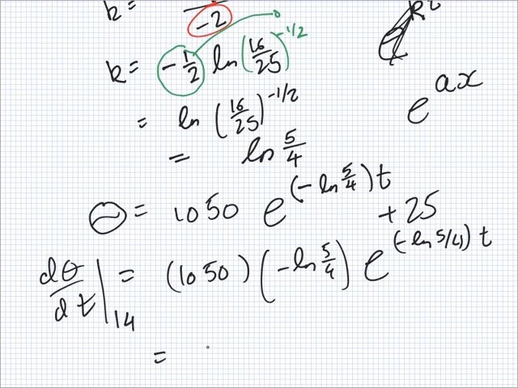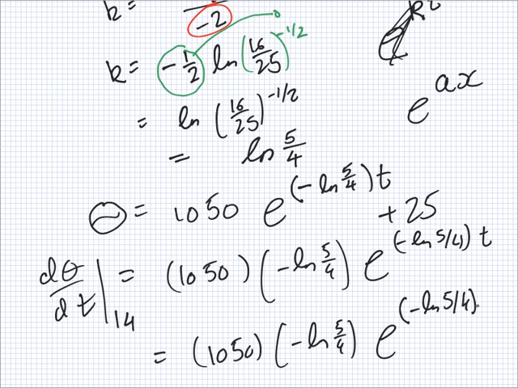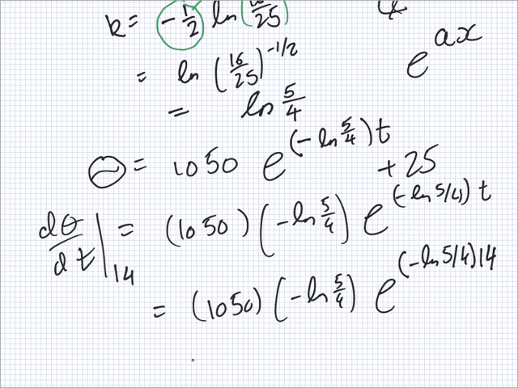Okay, so we need to type in on our calculator 1050 brackets minus ln 5 over 4 bracket e power bracket minus ln 5 over 4 close bracket times 14.